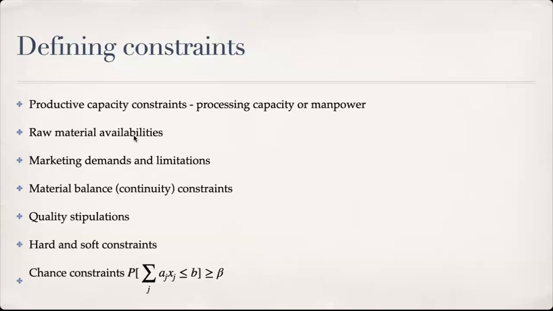The next one, raw material availability. What is it? For example, the same case, distillation column. You can purchase crude oil from any country, but at most you can buy 2,000 barrels per day, something like that.